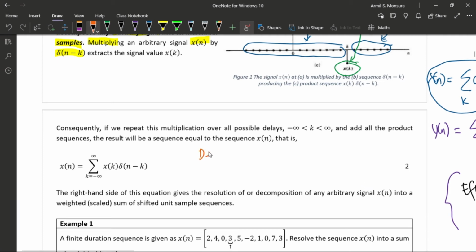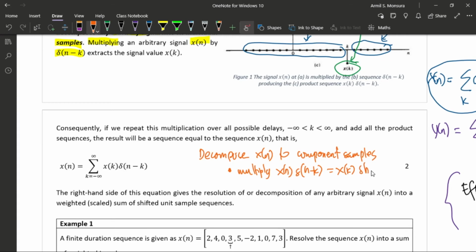So, to decompose x of n to component samples, ang gagawin natin is to multiply x of n with delta n minus k, so that you'll have the product sequence x of k delta n minus k.